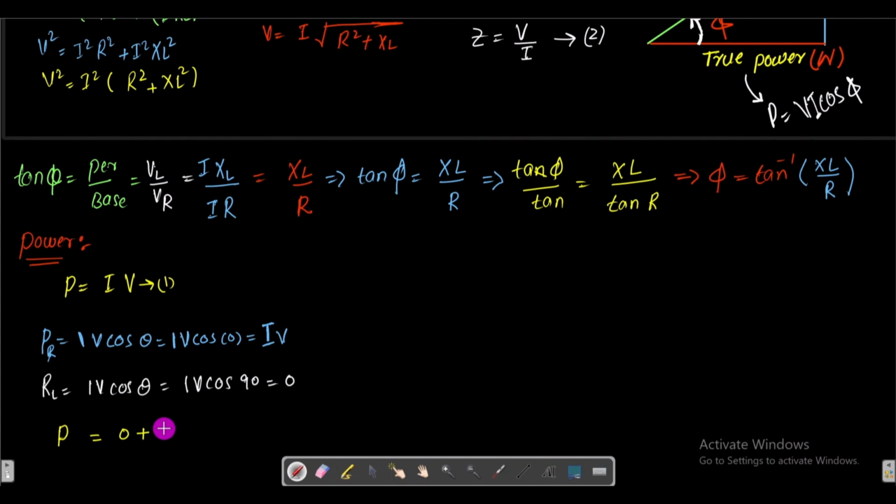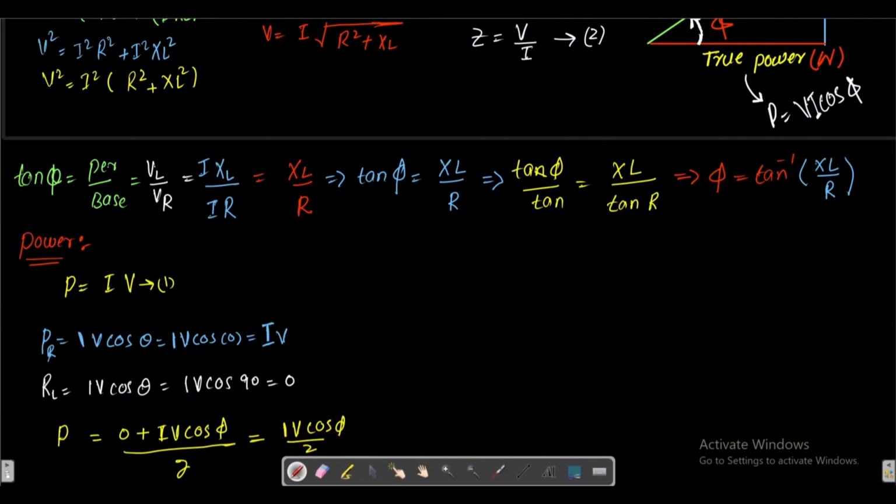So the power is present there, so therefore I put the generalized expression for that, which is equal to I V cos phi, and in average we divide that by 2. Here we have 2 measurements, so it is equal to I V cos phi divided by 2.